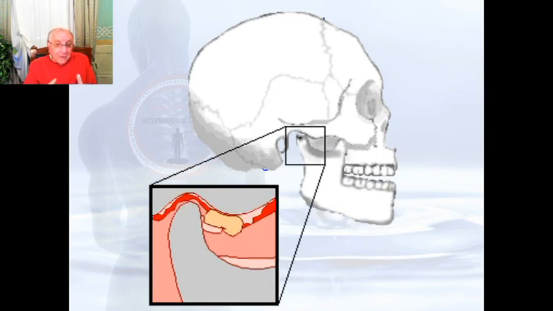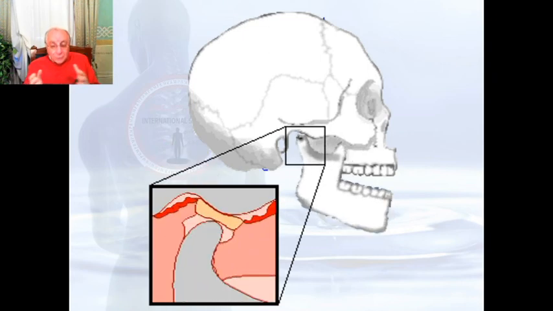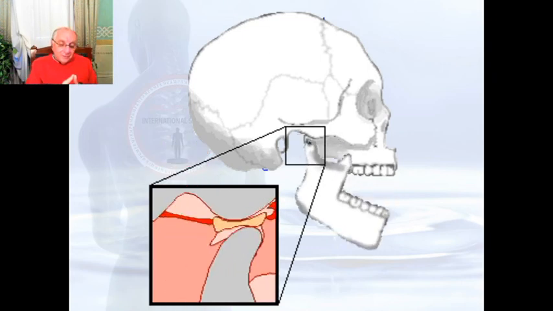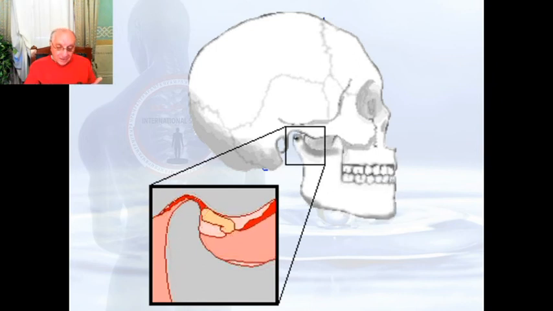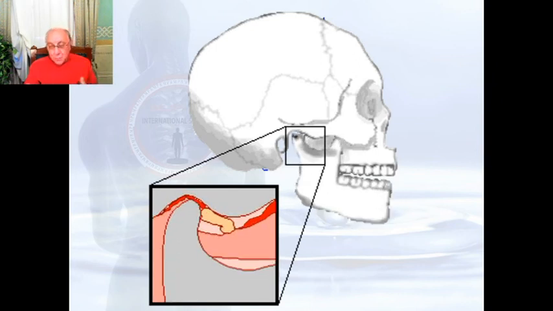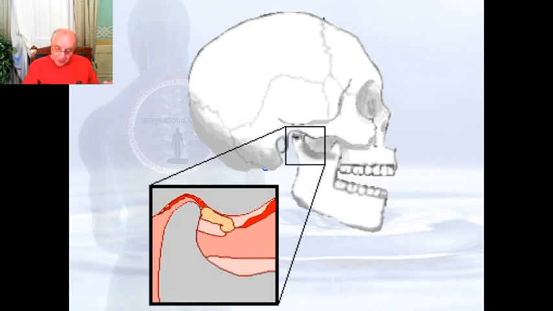The problem is the things that are causing the incoordination. And obviously, if we leave it chronically, the disc can move, and then we can have a locking of the TMJs in chronic problems. It is important to understand these concepts to understand TMJs.